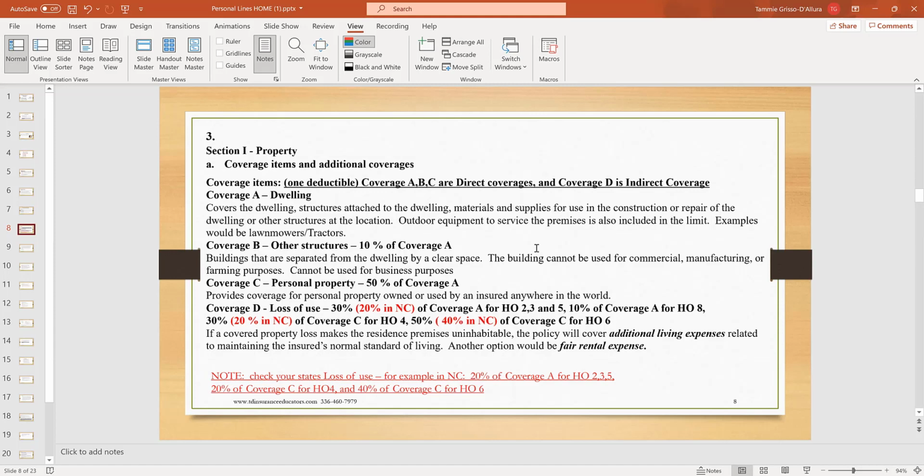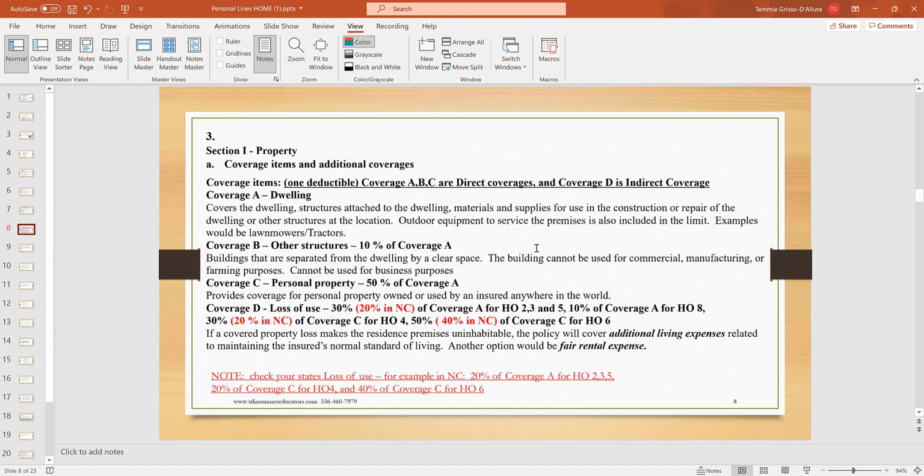You have some drywall and your drywall gets stolen, or maybe you're going to construct another shed that's not even attached to the dwelling, and that type of material gets stolen. Well, then it would still go under coverage A, dwelling. So it not only includes the dwelling itself and the structures attached to the dwelling, but it also includes materials and supplies for use in the construction or repair of the dwelling or other structures.